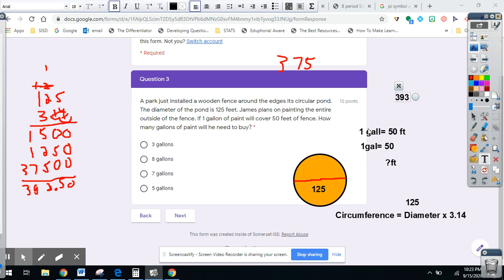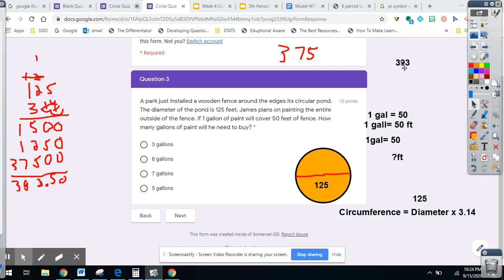So now 1 gallon goes 50. All I'm going to do is just keep counting by 50 so I get there. So right now I have 1 gallon. Another gallon would give me another 50. That gives me 150 feet.